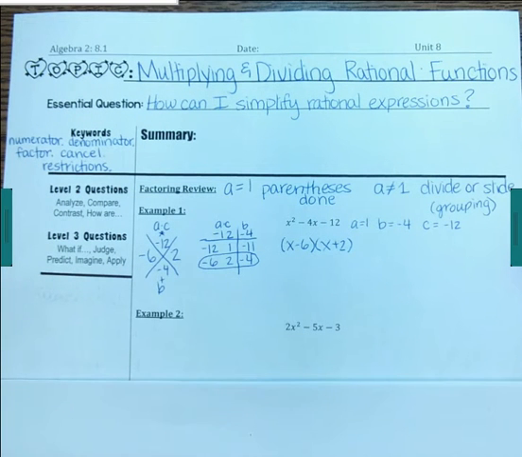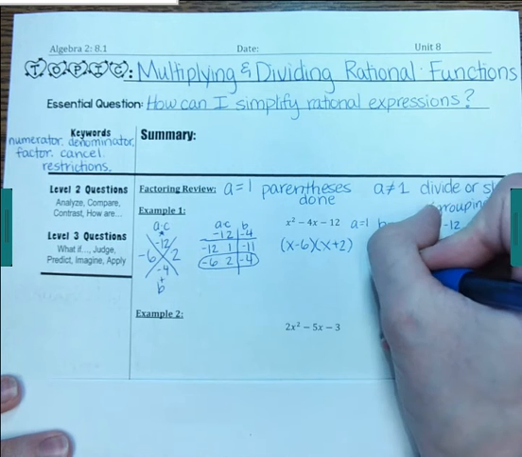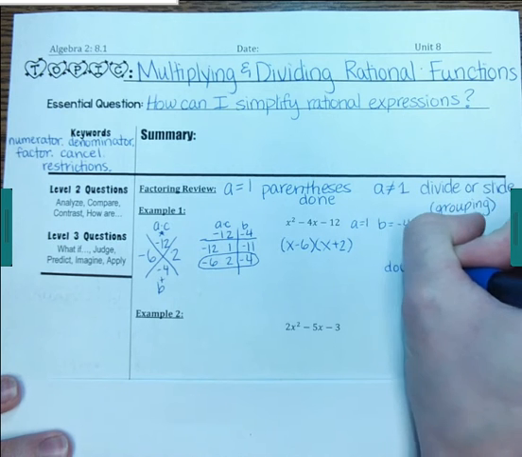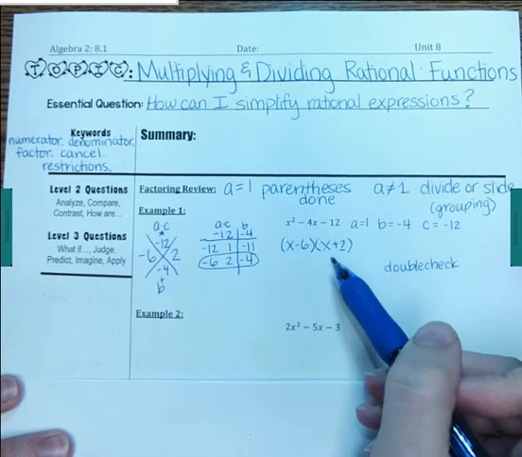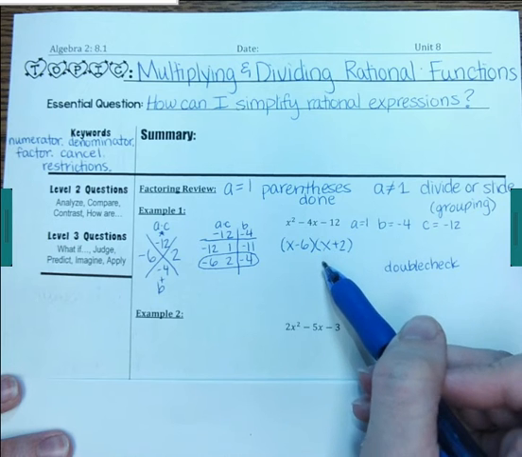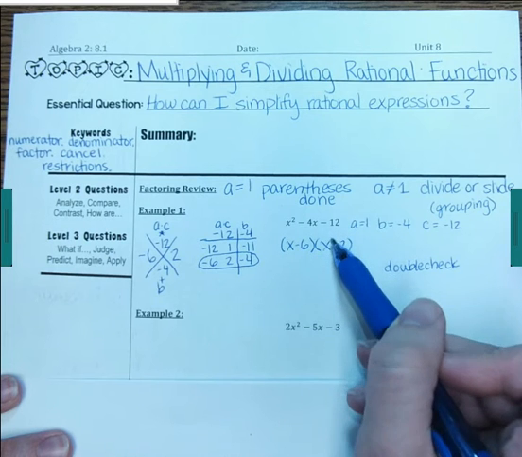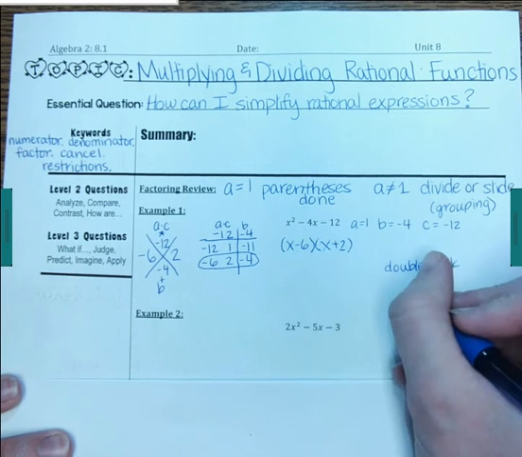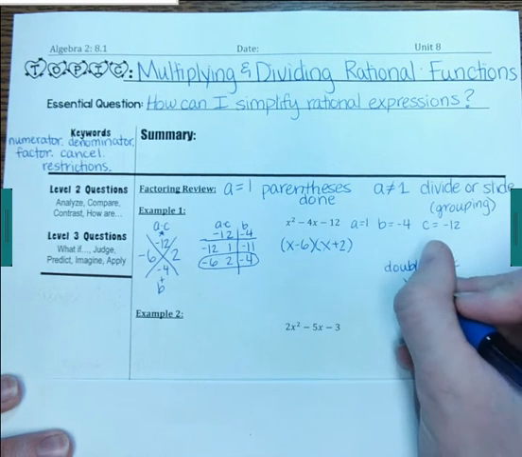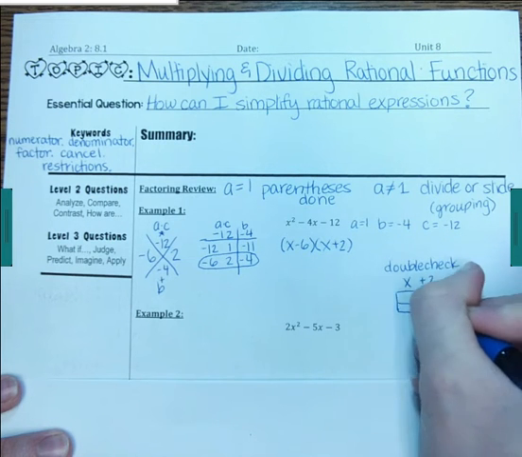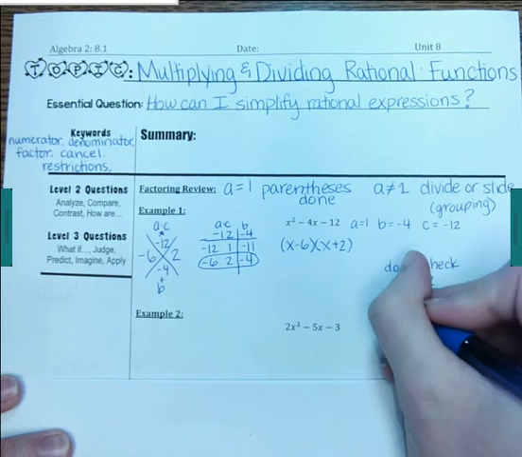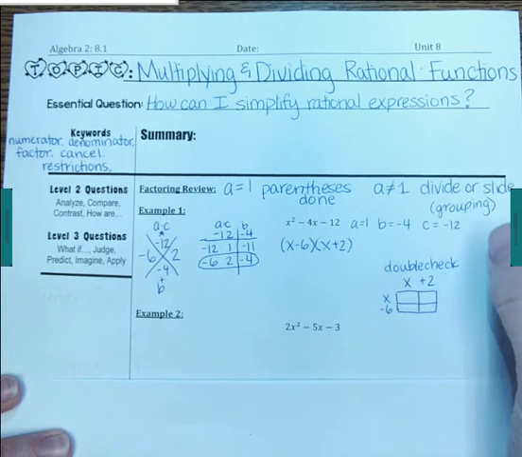And we are good. Now, just a quick reminder, a way that you can double check yourself is by multiplying your factors back out. If you factor correctly, then you multiply back correctly and you can go back and forth between these two things. So, one way to organize your double checking is with the box method. Once again, this is just a way of organizing to make sure you don't forget anything.